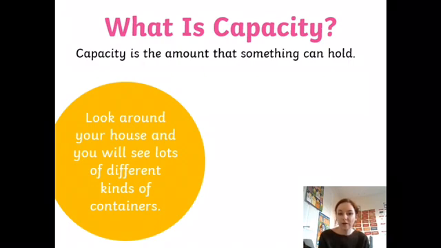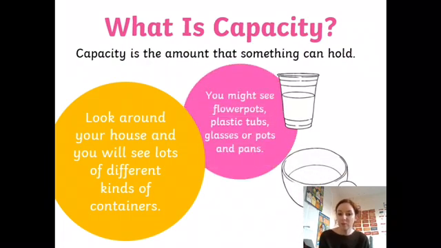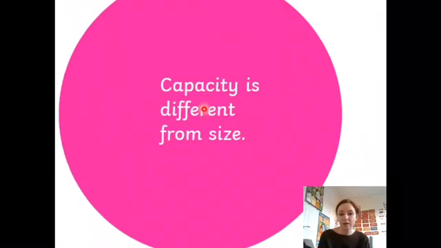So if you look around your house, you will see lots of different kinds of containers. You might see flower pots, plastic tubs, glasses, pots and pans. There'll be loads and loads of different kinds of containers. Now, capacity is different from size.